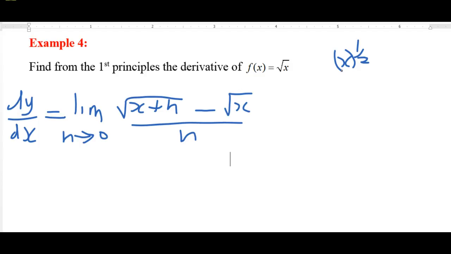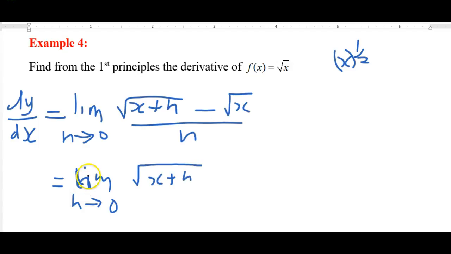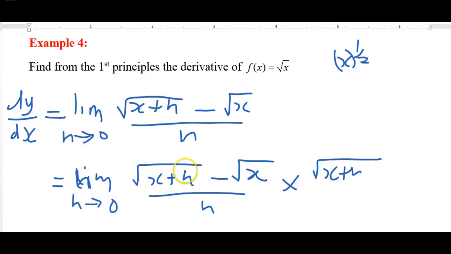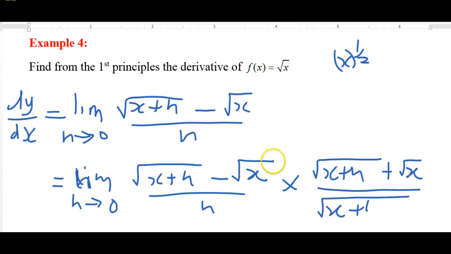And remember your surds. So to rationalize the numerator, you can say your limit as h approaches 0, square root of x plus h minus square root of x over h, everything times square root of x plus h plus square root of x over the same thing, square root of x plus h plus square root of x.